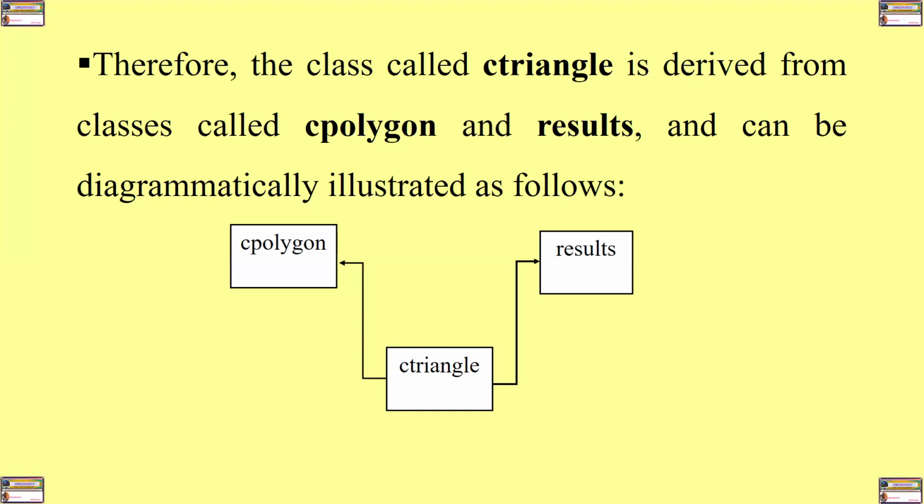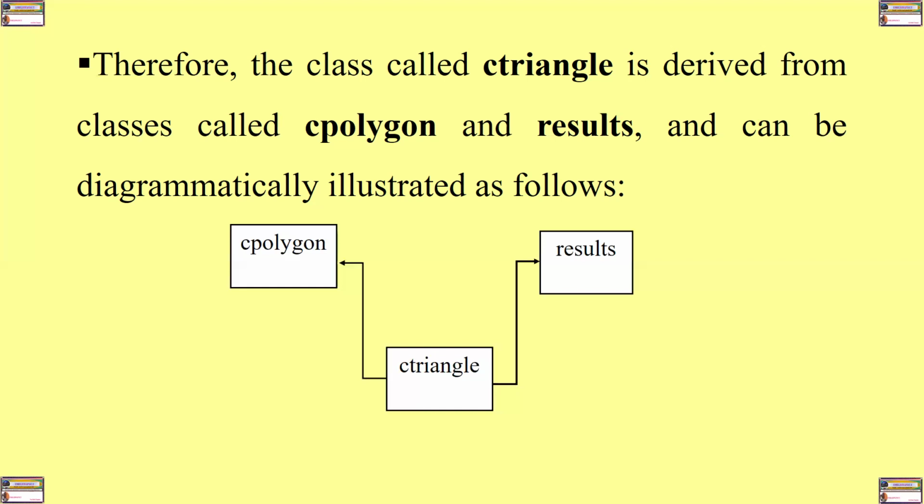And we have the next one, which is called Results. So CTriangle is inheriting some members of the class called Results and it's also inheriting members of the class called CPolygon. In this case, this is what we call multiple inheritance. Why? Because a derived class is able to inherit members of more than one class.